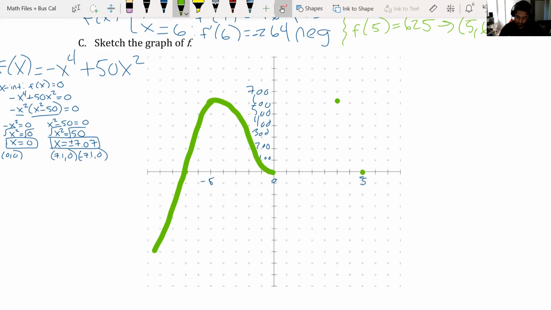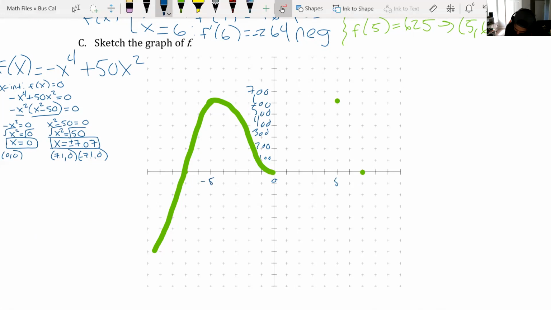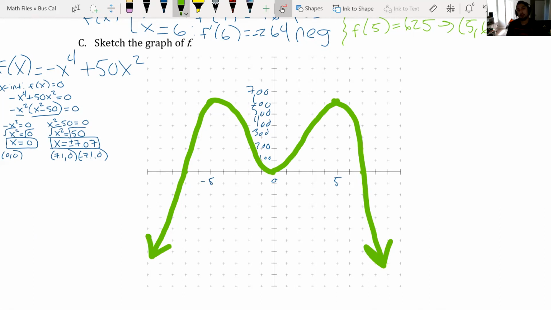And then from 0 to 5, we increase. And then 5 to infinity, we decrease. That's it. And ladies and gentlemen, that's how you draw the letter M.